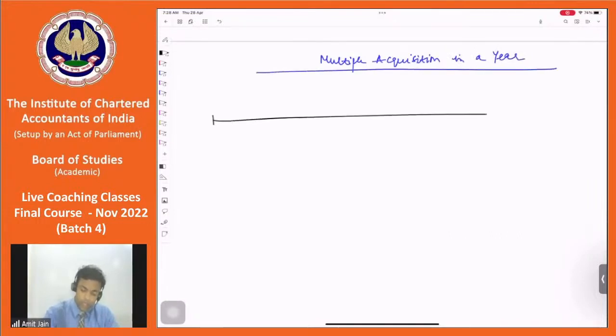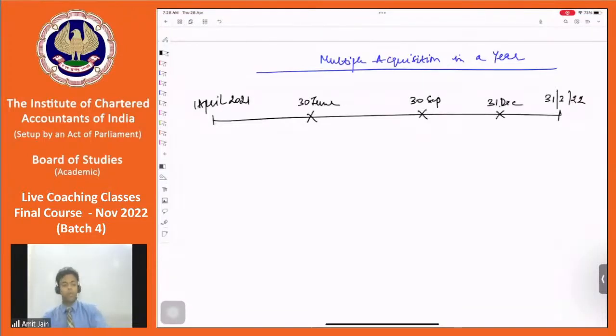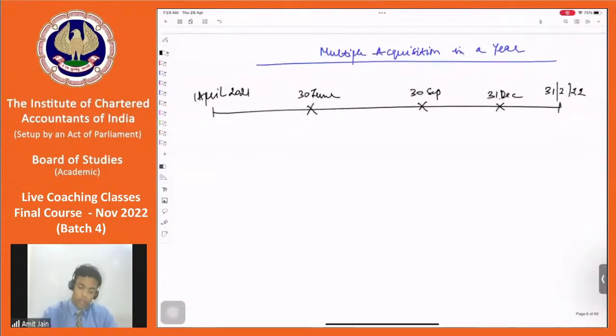Let's say this is the year 1st April 2021 and this is 31st March 2022. Let's say this is 30th June. Let's say this is 30th September and let's say this is 31st December. Right?